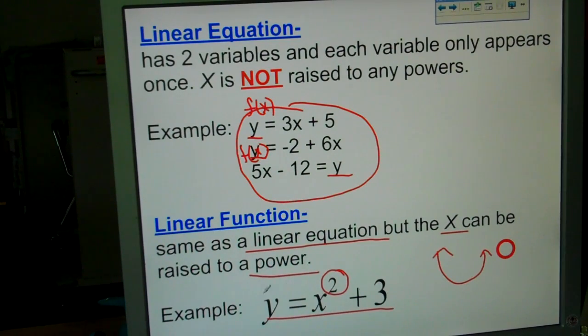That's called a parabola. It's still a linear function, because what we learned about functions is it has to pass the vertical line test. And if I draw a vertical line anywhere through here, it only hits one point. So that means it is a function, but it's not an equation because it's raised to this power, and it's not a straight line. You might want to replay that.